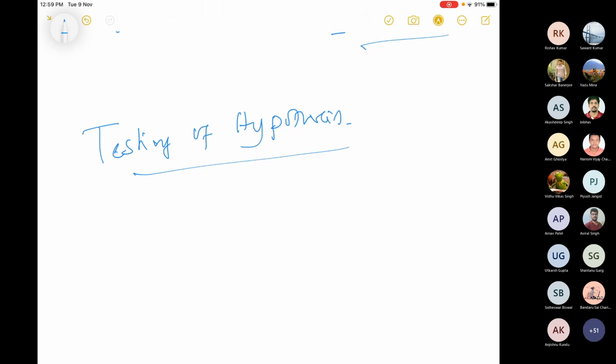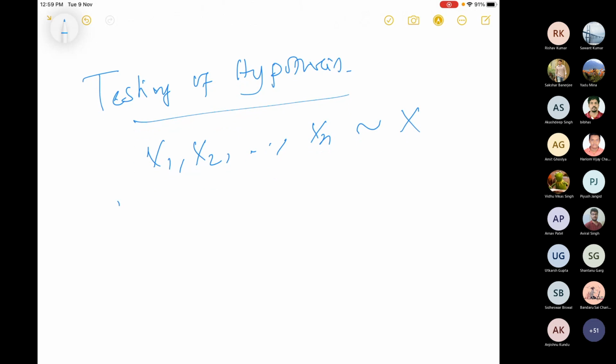What we have done till now is, x1, x2, up to xn is the random sample, and it has the same distribution as x has. Now let us fix a distribution. Suppose the PDF f(x, theta) is equal to (1 plus theta) x to the power theta when 0 is less than x less than 1, and 0 otherwise.